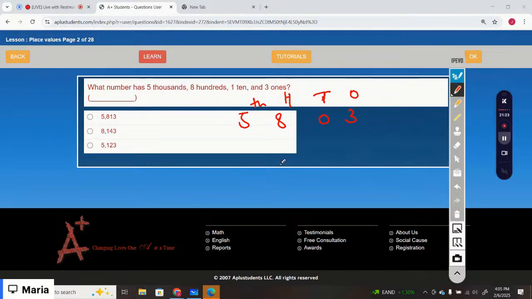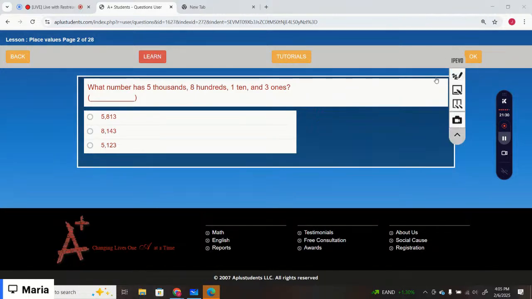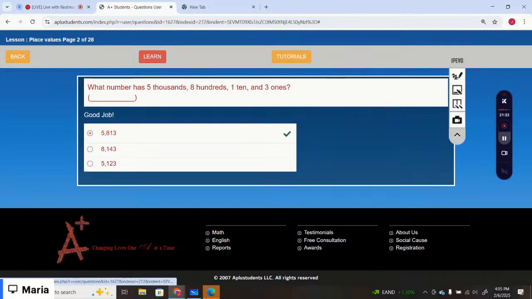So together they make 5813. Option number 1 is the correct option. Got it?